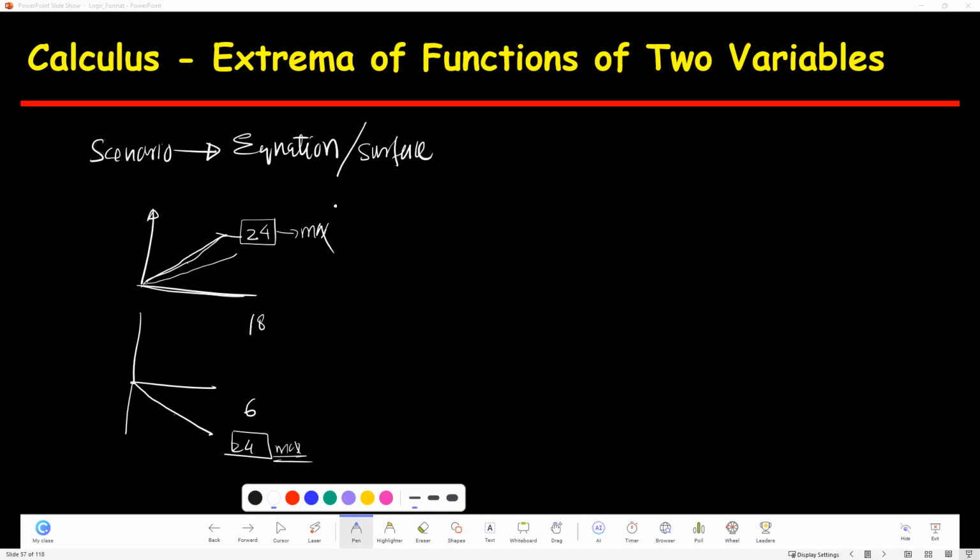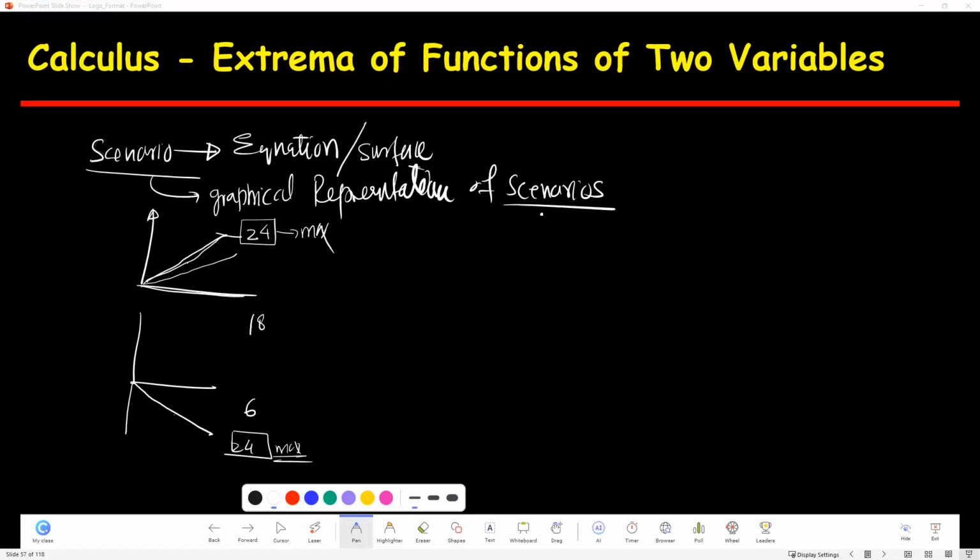So what I'm going to do is make these scenarios, talk about the graphical representation of these scenarios, and find what those are.